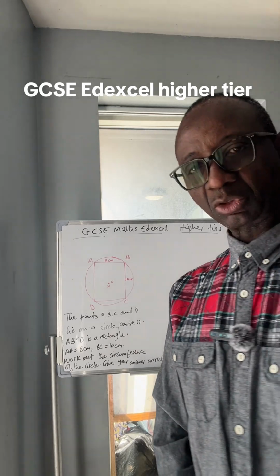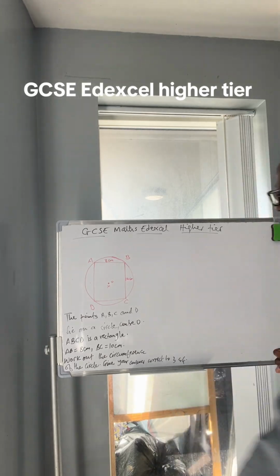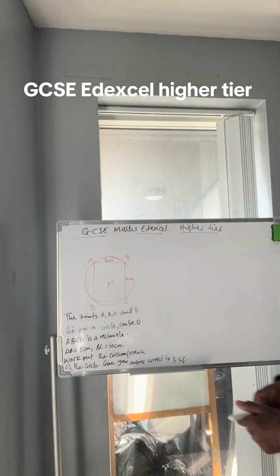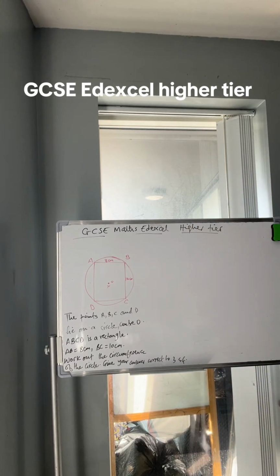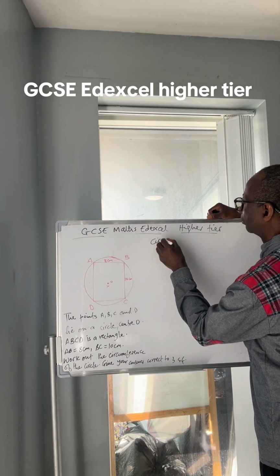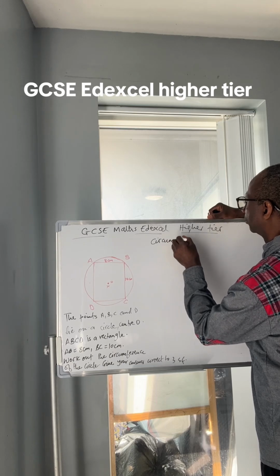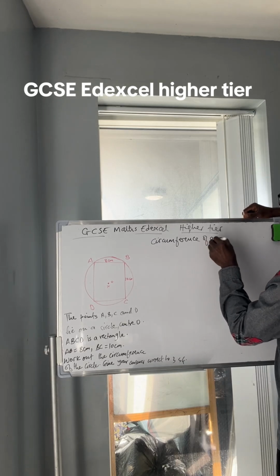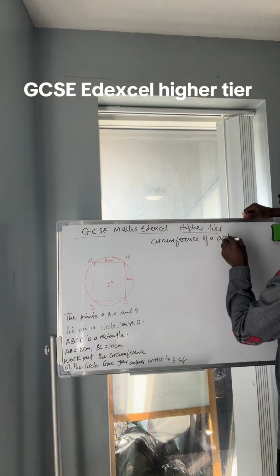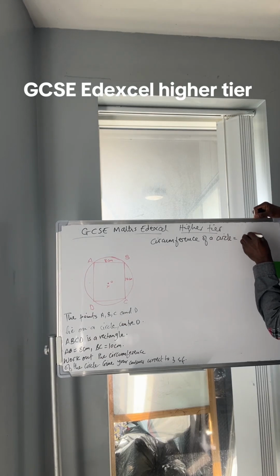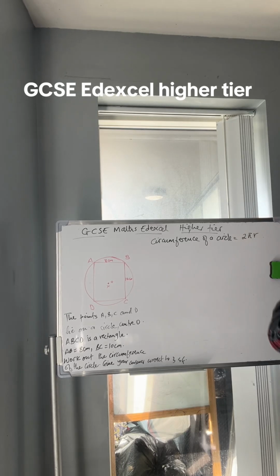So how do we go about solving this problem? We want to find the circumference of the circle. The circumference of a circle is given by 2 pi radius.